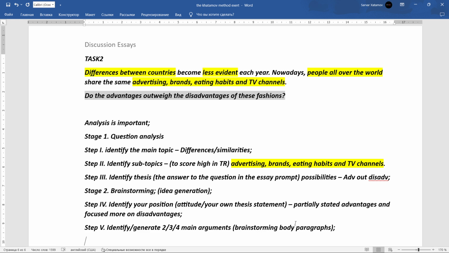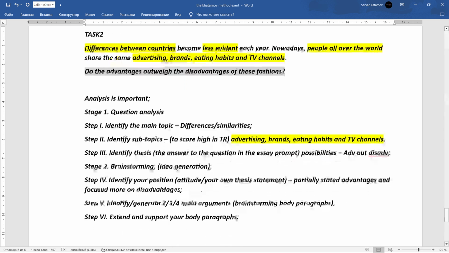And then step 6, from here, you're going to extend it. So elaborate on that, right? Extend and support your body paragraphs, right?